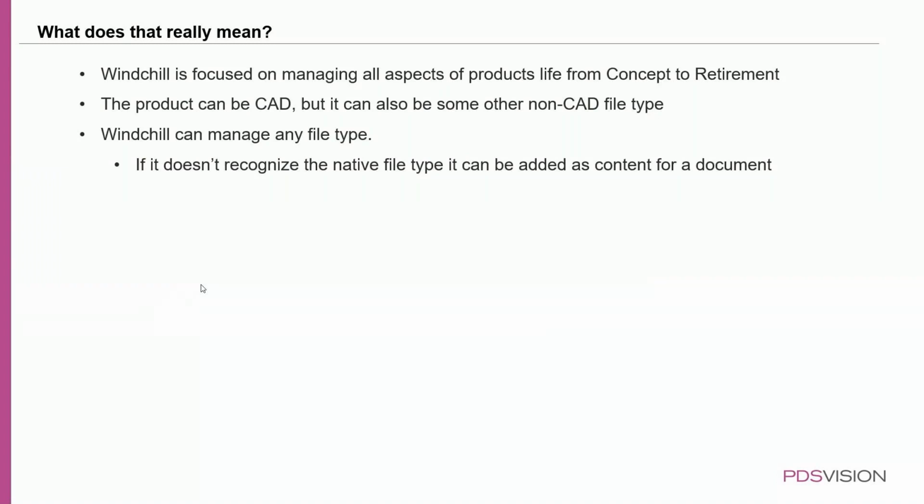Word, Excel files, PDFs, movie files. If there's some off-the-wall file type that it doesn't recognize, it can still be stored as content for a particular document. We may not have the application that connects to it directly, but we can still store it and maintain the revision and the history of it inside of Windchill.